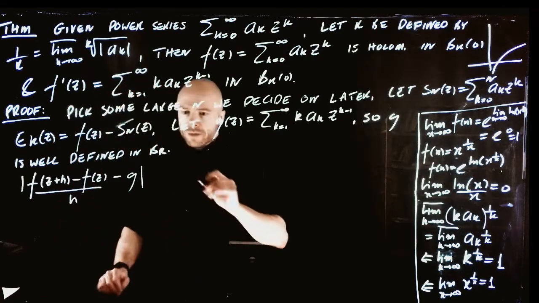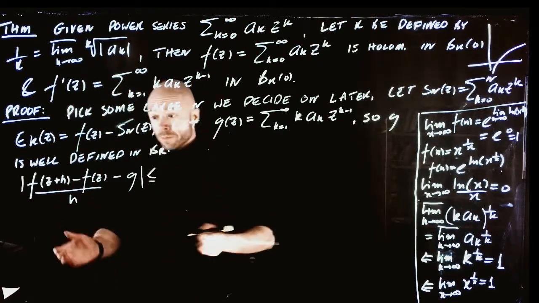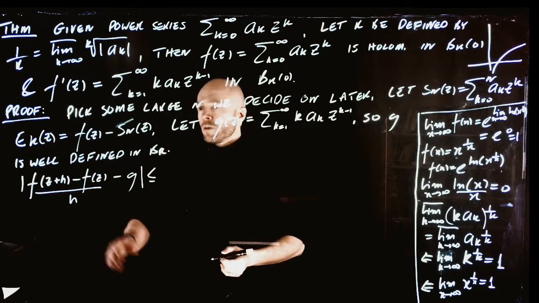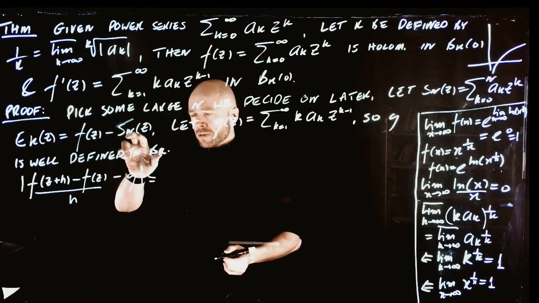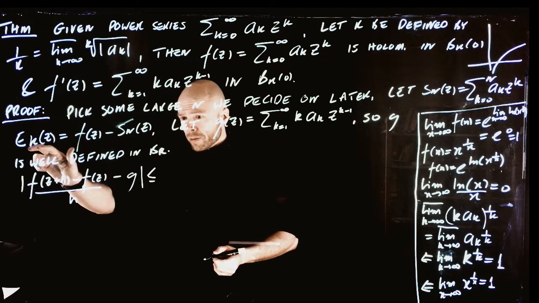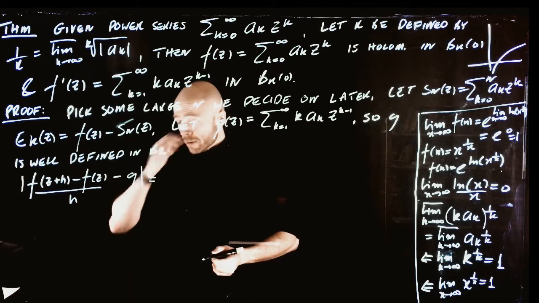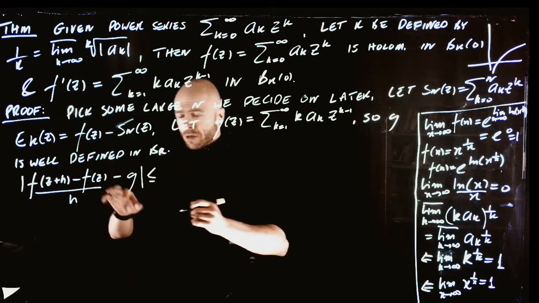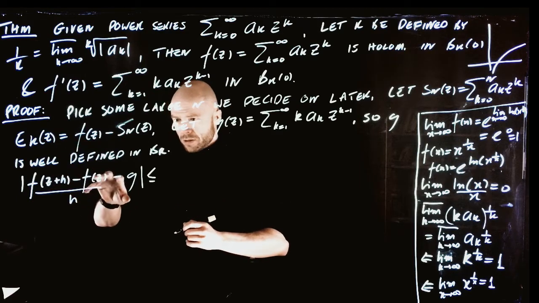We're going to do that by breaking things up. We're going to replace f by the partial sum plus the error, and then replace this by this.